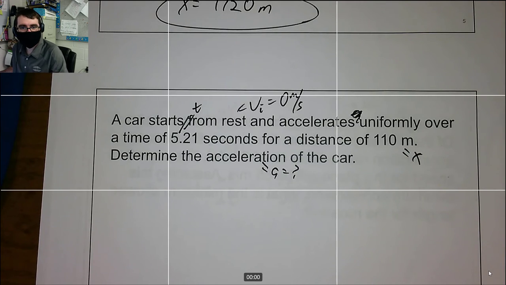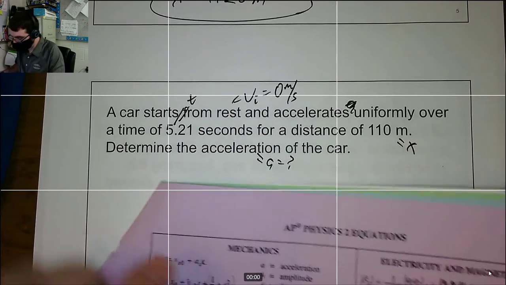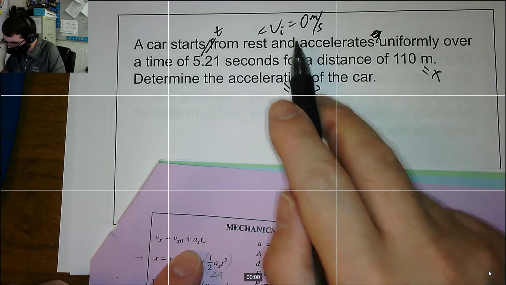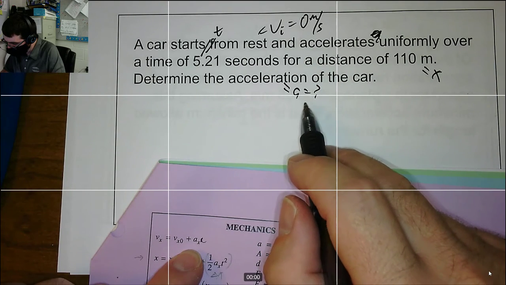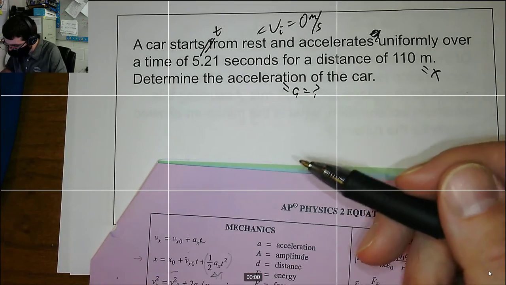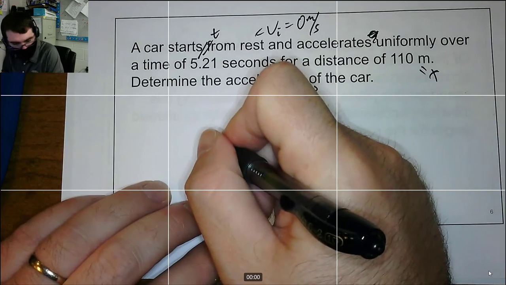So, I think we're going to use this one here. We have an initial velocity, acceleration. No, there's no distance in this one. This one needs final velocity. This is our long kinematic equation again.